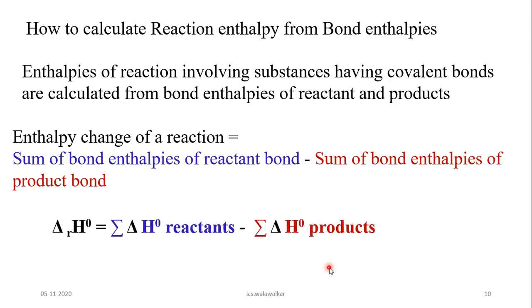Or you can write like this also. Standard enthalpy of reaction is equal to summation of standard bond enthalpies of reactants minus summation of standard bond enthalpies of products.